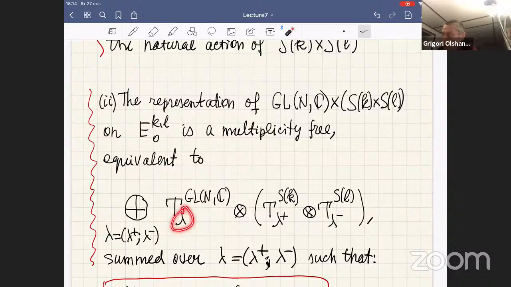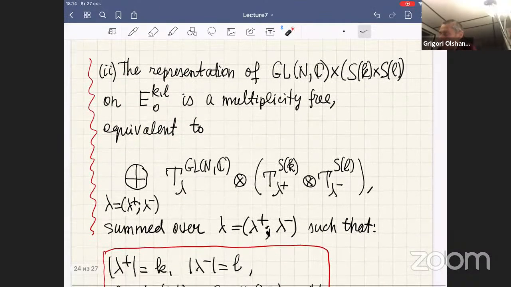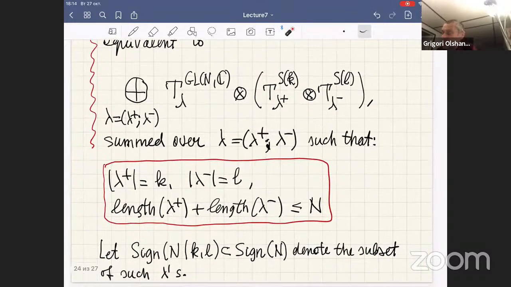again, we have some subset of signatures, but this time we can describe it explicitly, namely the conditions that are necessary and sufficient are as follows. First, this condition, which just means that we can combine these two Young diagrams into a signature.